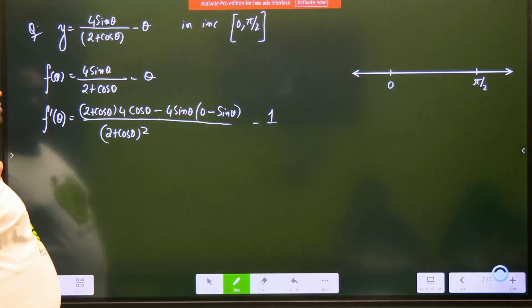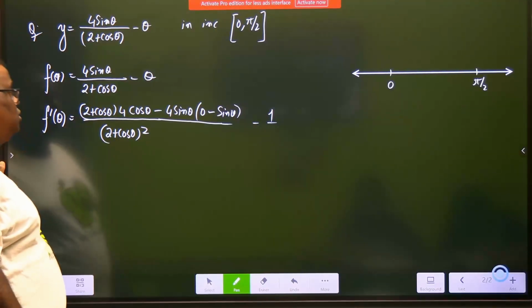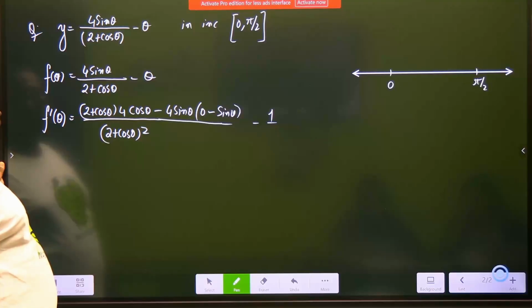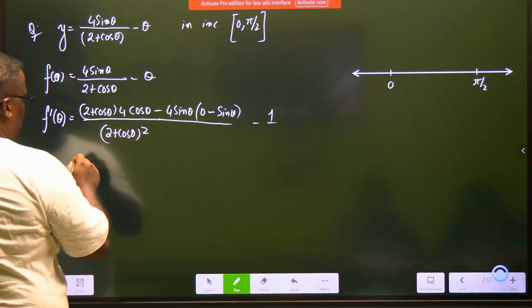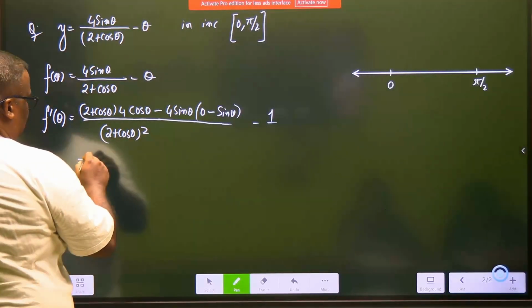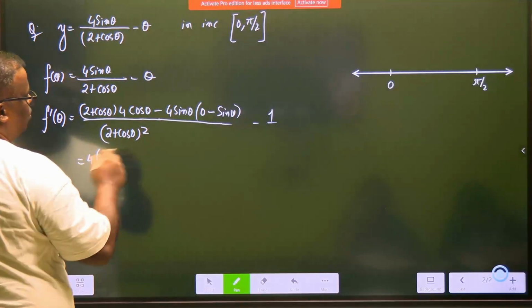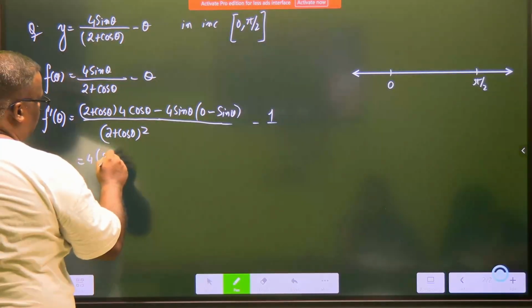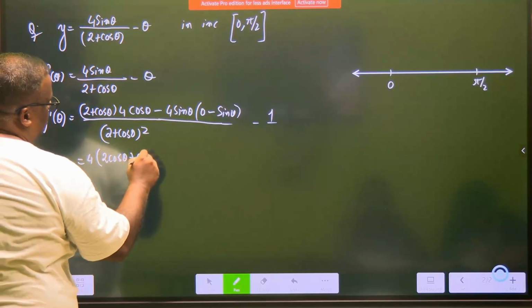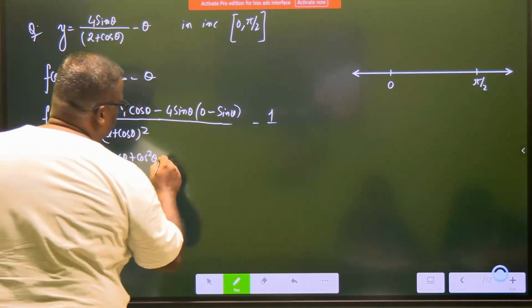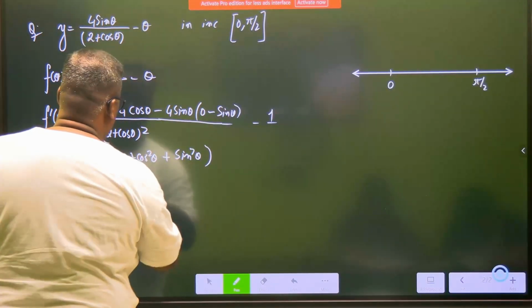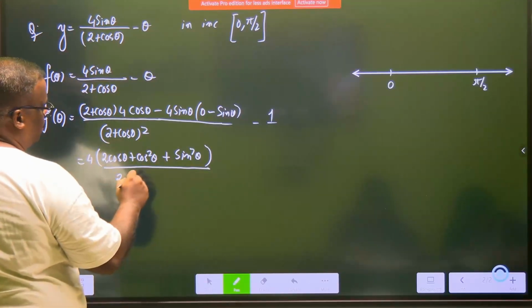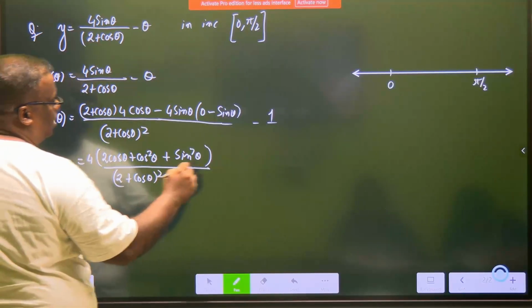Taking 4 common, I have 2 cos theta plus cos square theta plus sin square theta divided by 2 plus cos theta whole square, minus 1.